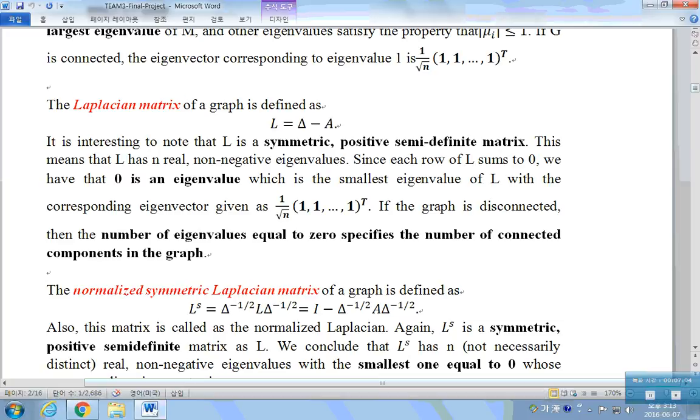And this is the Laplacian matrix, denoted by L equal to Delta minus A, where Delta is the degree matrix. This matrix is also very interesting: it is symmetric and positive semi-definite, which means all eigenvalues are real and non-negative.